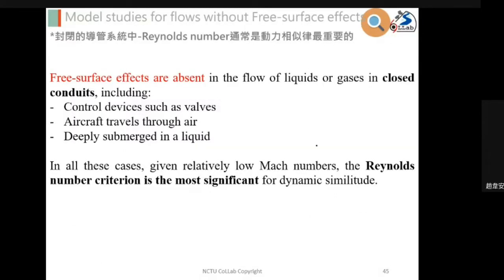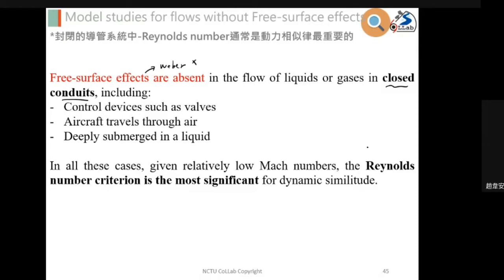And the slide just summarizes that if our problem is always in a closed conduit, then we know that we don't have the free surface effect, so we don't need to consider the Weber number. And for this kind of problem, usually we assume the model is conducted at relatively low Mach numbers.